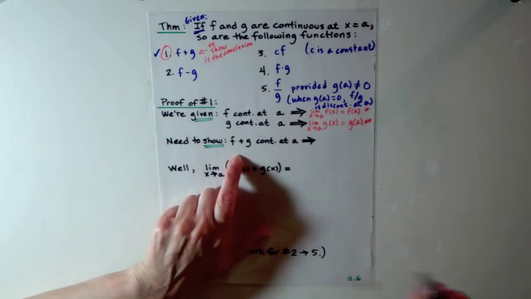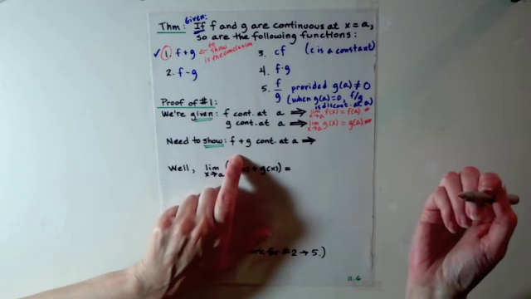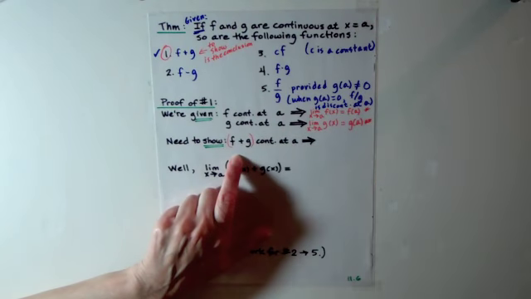What does it mean to say that f plus g is continuous at A? We apply the same shorthand definition of continuity at A, but now to the sum function f plus g.